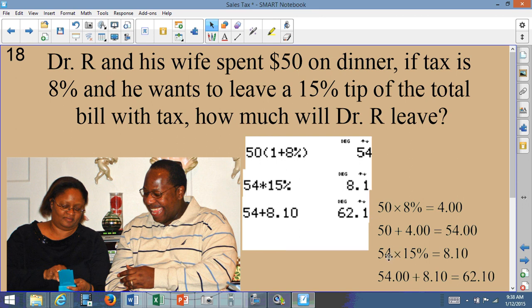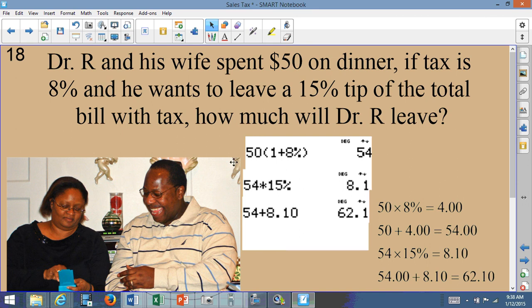And then my new thing is take the $54, multiply it by the tip rate, and that'll give us the amount of money we leave for the waiter, $8.10. Then you add that up with the price of the meal and sales tax, and that'll give you a total amount of $62.10. So that's how you find that question that Sophia asked.